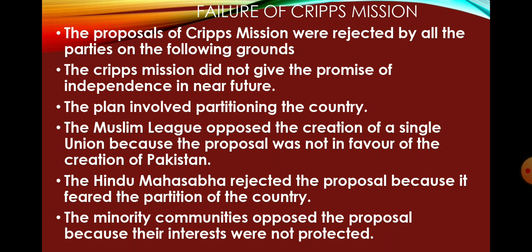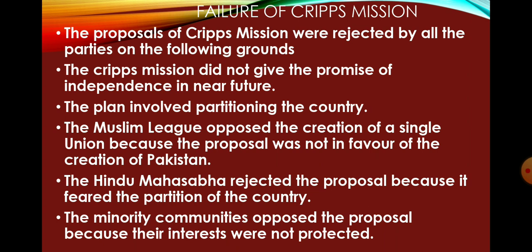As their interests were not given any assurance or respect, the minority communities opposed the Cripps proposals. So these were some of the reasons for rejecting the Cripps proposal. That is why the Cripps mission failed.